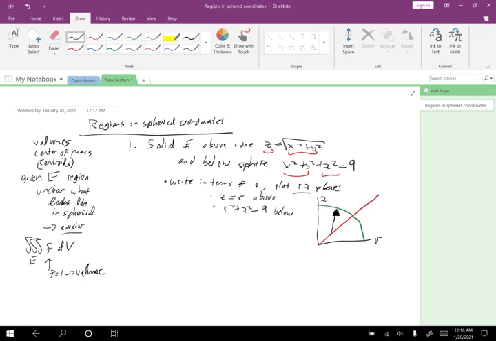And really, these will be limits for your integration. So this also tells you what order of integration you might do. Right now we're in cylindrical coordinates. To do spherical, it's actually simpler.